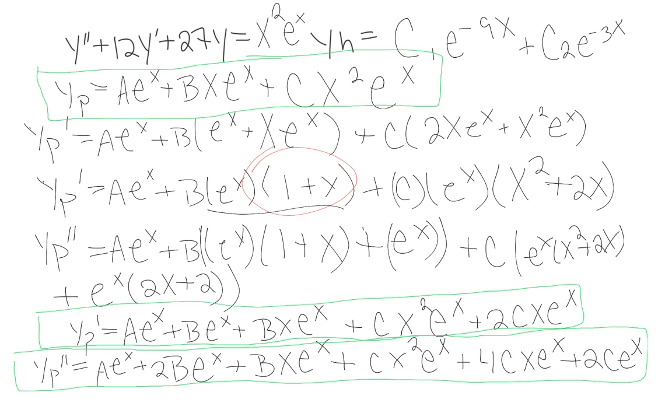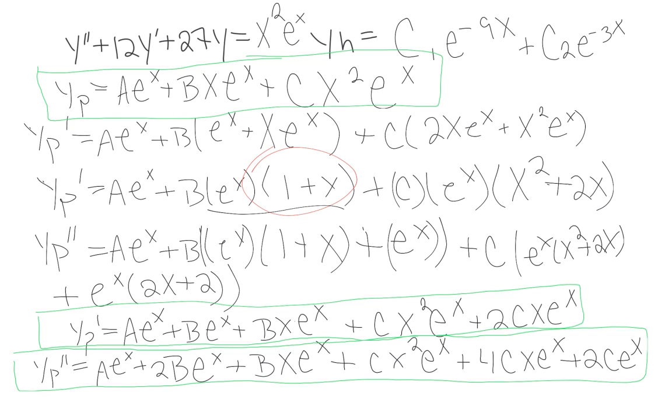So I've simplified the function y and all of its derivatives in order to substitute them into the differential equation now. So those are all boxed in green. You see y sub p in its simplest form is a e to the x plus bx e to the x plus cx squared e to the x. y sub p prime equals a e to the x plus b e to the x plus bx e to the x plus cx squared e to the x plus 2cx e to the x.